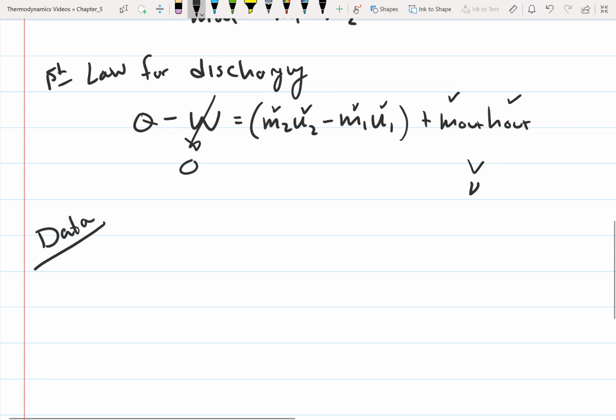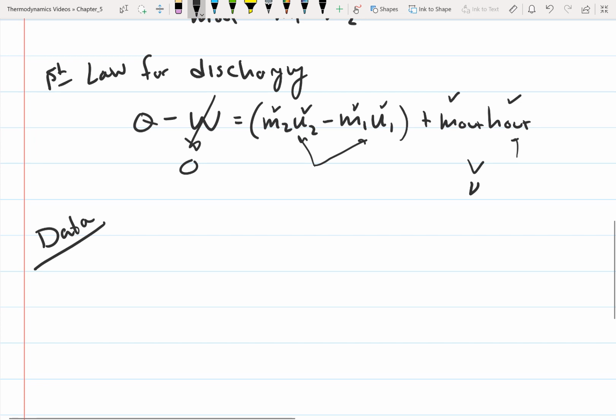Really the hardest part with these particular problems is just keeping all of your data and terms organized, because now you're dealing with a changing state, but you're also dealing with fluid flowing in or out of your system. So just label everything and try and keep everything really clear.